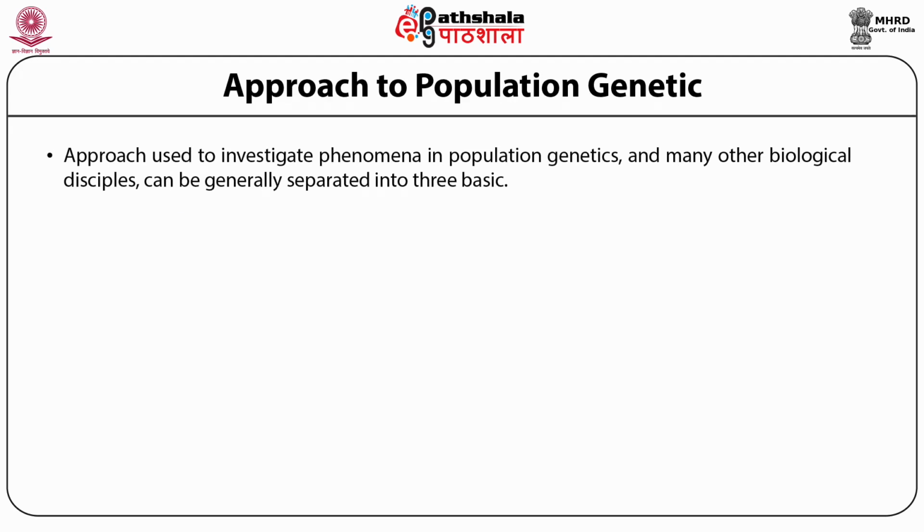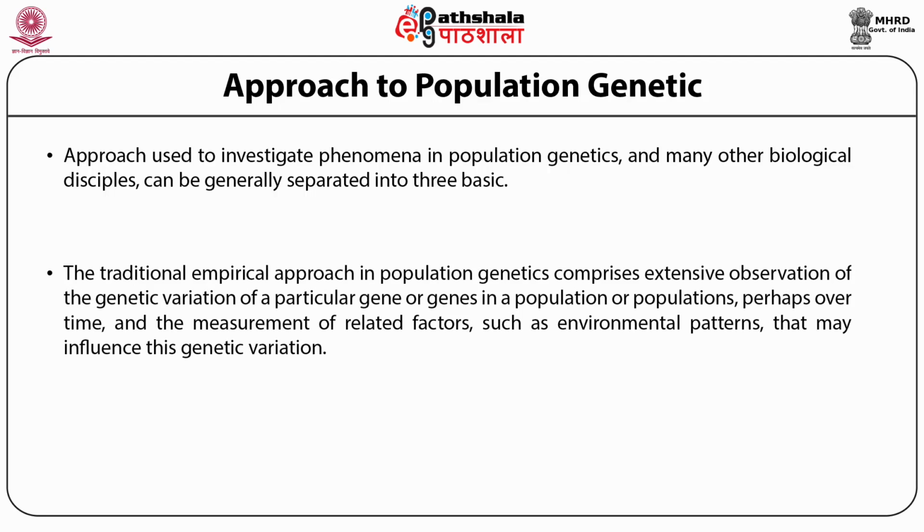Approaches used to investigate phenomena in population genetics and many other biological disciplines can generally be separated into three basic types. The traditional empirical approach in population genetics comprises extensive observation of the genetic variation of a particular gene or genes in a population or populations, perhaps over time, and the measurement of related factors such as environmental patterns that may influence this genetic variation.